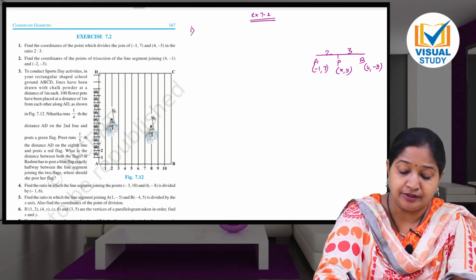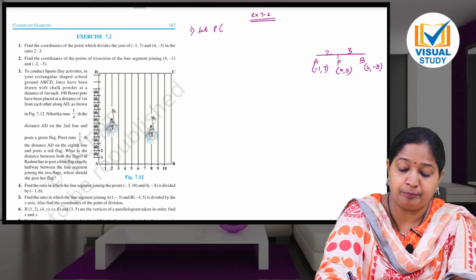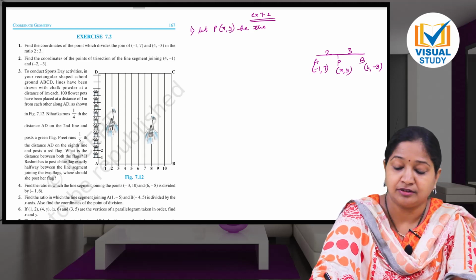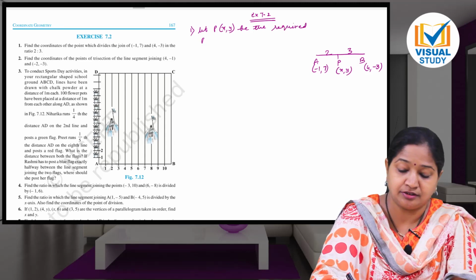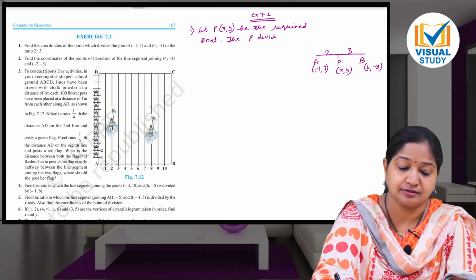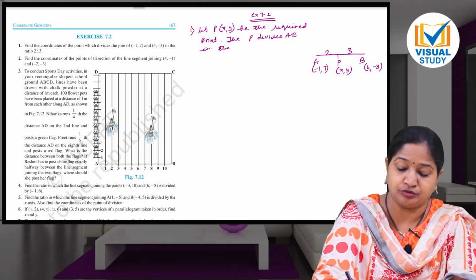How are you going to do it? Let P(X, Y) be the required point. Then P divides AB in the ratio 2:3. Write all the statements.